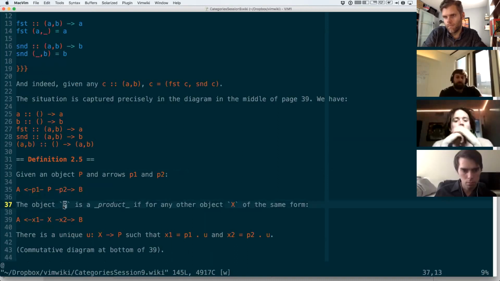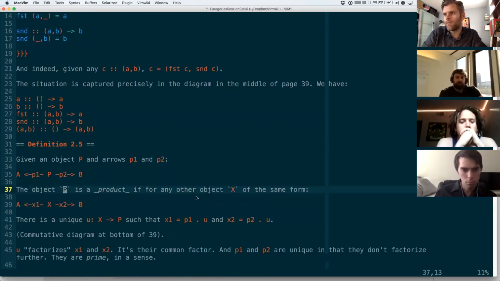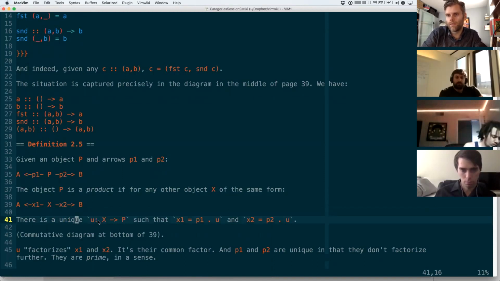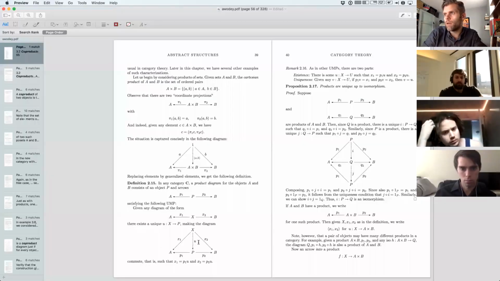that object P is a product if for any other object X that has these arrows also into A and B, that is, a diagram of the same shape with the same endpoints, then there is a unique map from X to P that makes the diagram at the bottom of page 39 commute.